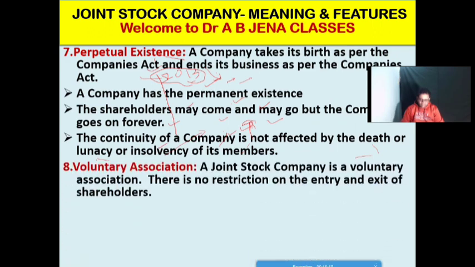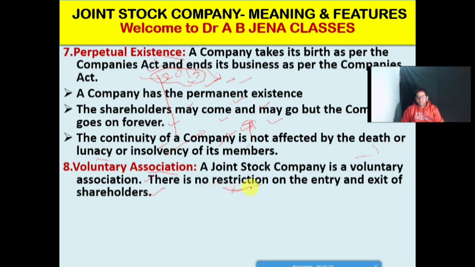Then next one is the voluntary association. In the beginning, during the discussion of the definition, it is the association of persons. So a joint stock company is a voluntary association. There is no restriction on entry or exit of a shareholder. Let's take an example.